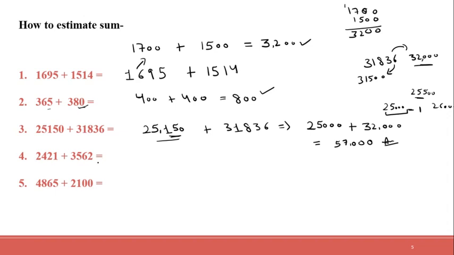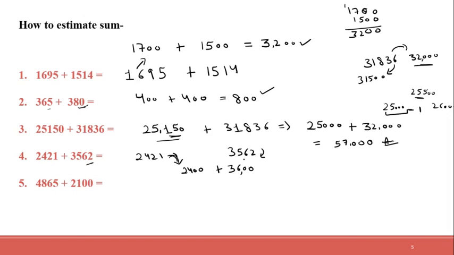Here, if we round it off to the nearest 100, then 2421 will become 2400, plus this 3562. If we round it off to the nearest 100, what will we get? We'll get 3600, right?